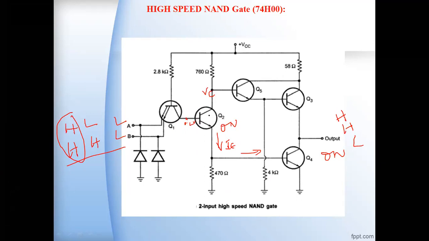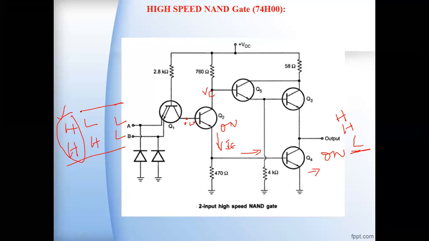When Q2 is turned on, the voltage at the collector of Q2 drops, and the current flowing in Q2 increases, that is the emitter current. This high emitter current drives the transistor Q4 into the on state. When Q4 is turned on, the output voltage is pulled down to the logic low value, that is, when both inputs are at high state.